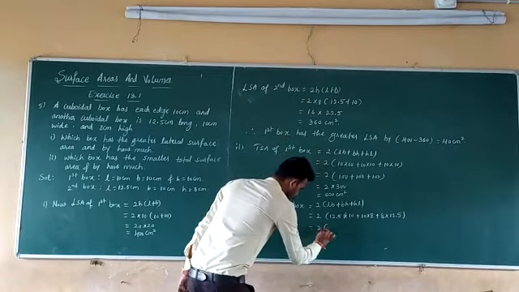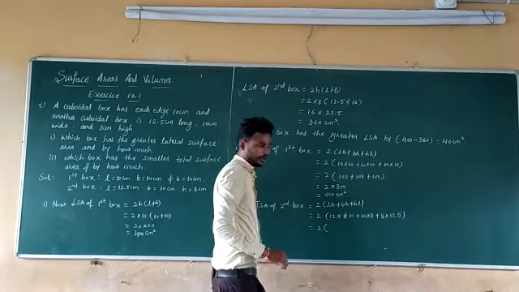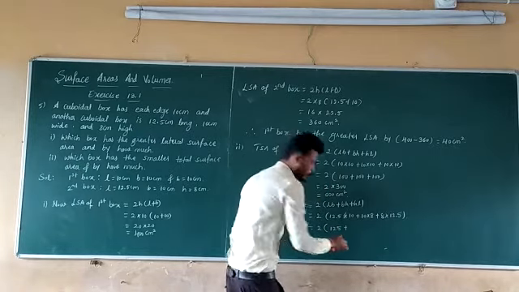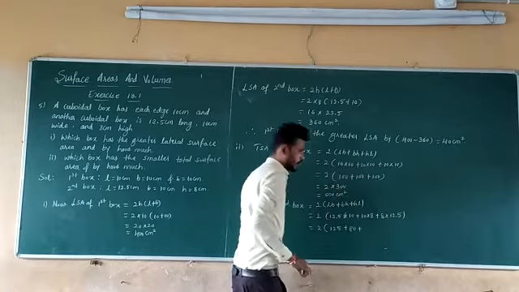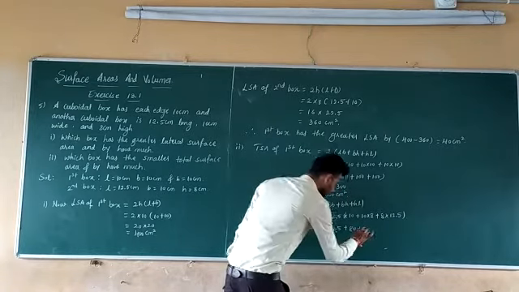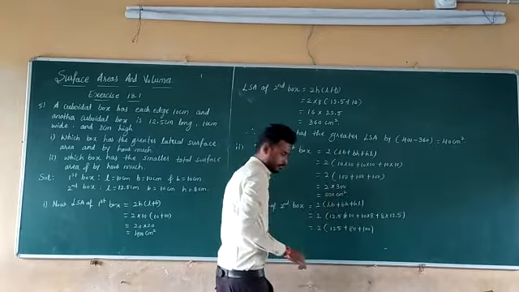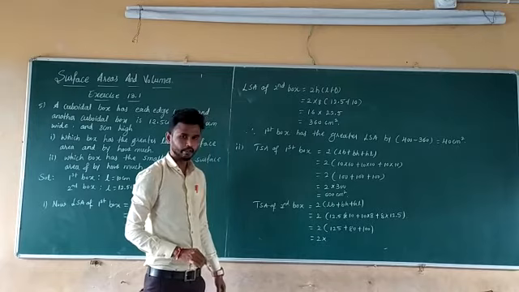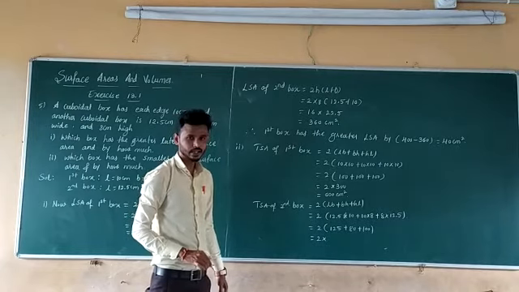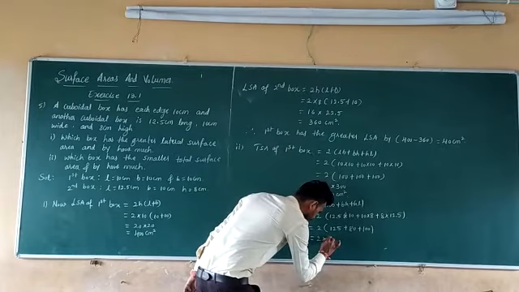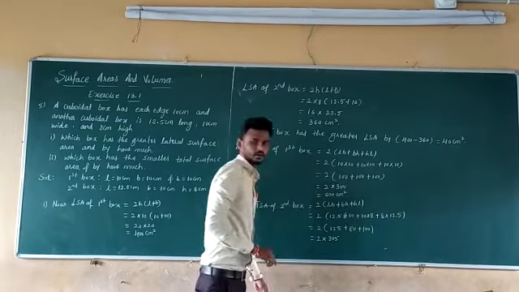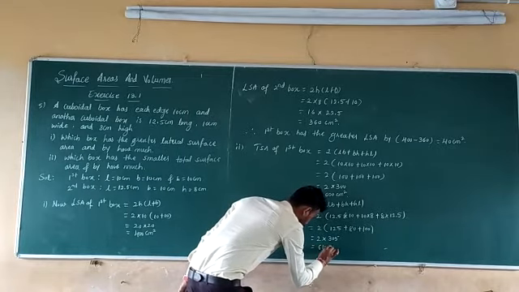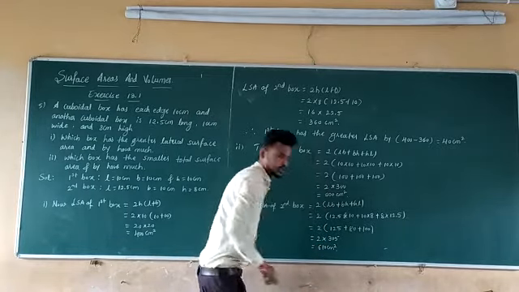So 2 into 12.5 into 10, 125, plus 10 into 8, 80, plus 8 into 12.5, you will get 100. So 2 into 125 plus 80, 205, plus 100, how much will you get? 305. So 2 into 305, you will get 610 centimeter square.